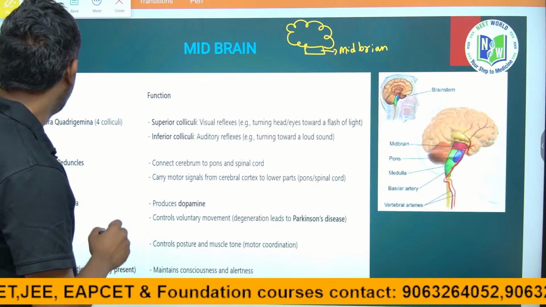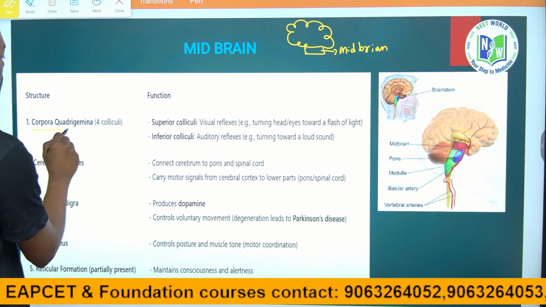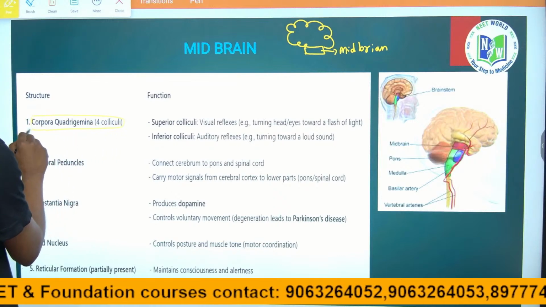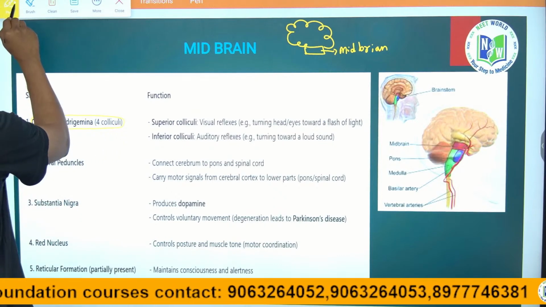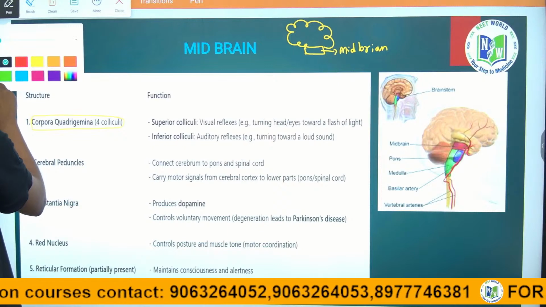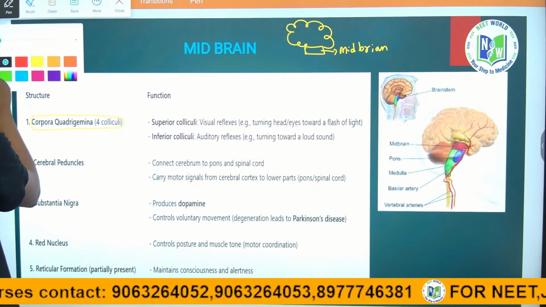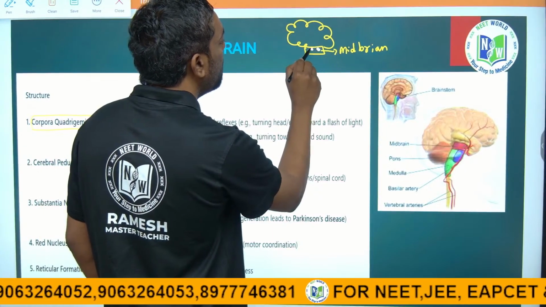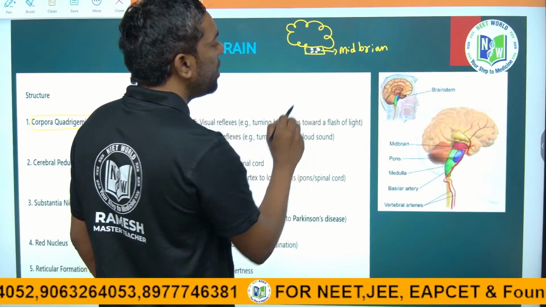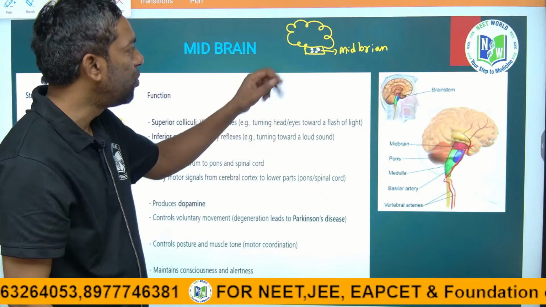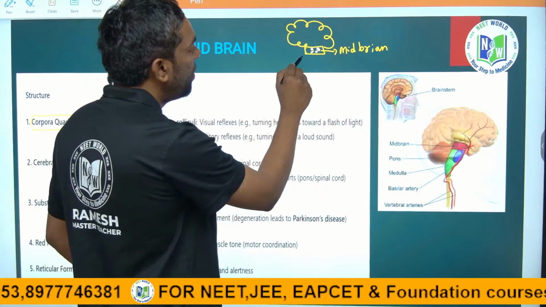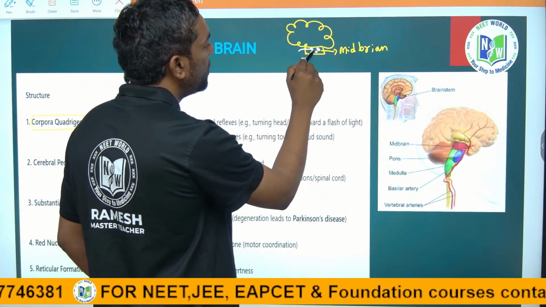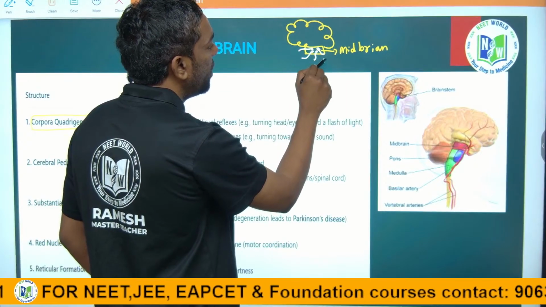What are the corpora quadrigemina? Corpora quadrigemina are 4 nuclei places in the midbrain. Nuclei means a bundle of cell body parts of the neurons.